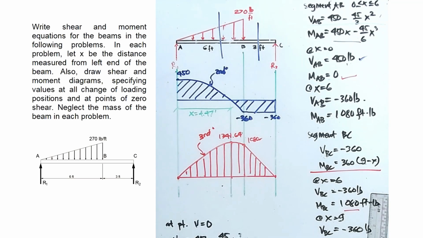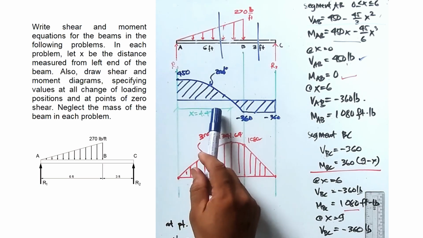Okay, so for now, we'll just be using the shear and moment equation to sketch the diagrams. And later we'll be using the relations between the load, shear, and moment to draw or sketch the diagram without the equation. But sometimes you still need the equation, especially if you encounter something like this.